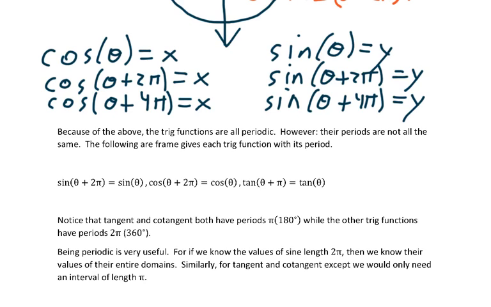With tangent and cotangent, the idea is similar, but instead, it's enough to focus on an interval of length pi. Because again, they're periodic with period pi. So any interval of length pi will do.